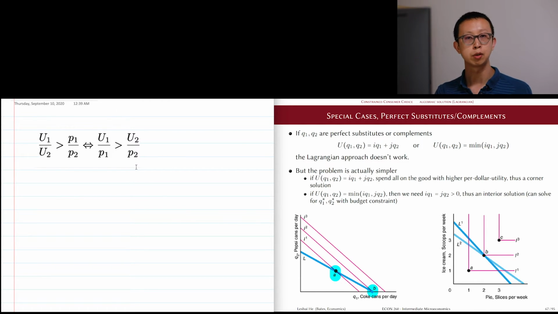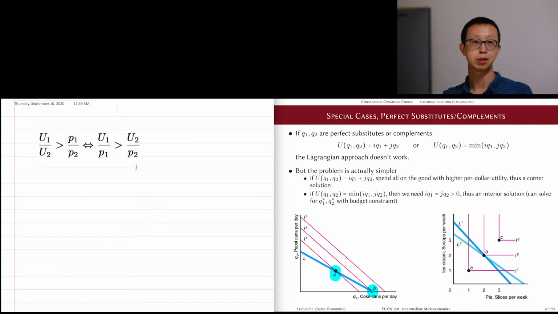This means that the per dollar utility for good 1 is always greater than that for good 2. If we recall our intuition from the apple jar, banana jar thought experiment, good 1 in this case always provides a better bang for the buck than good 2. So the optimal consumption choice for the consumer should allocate the entire budget on good 1.